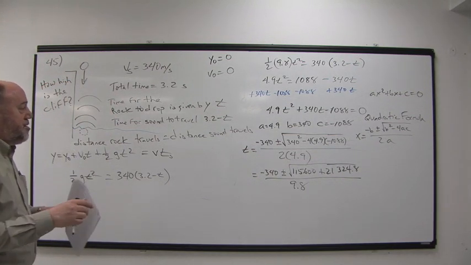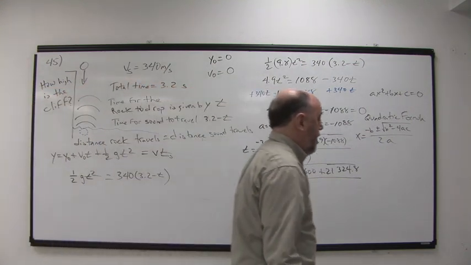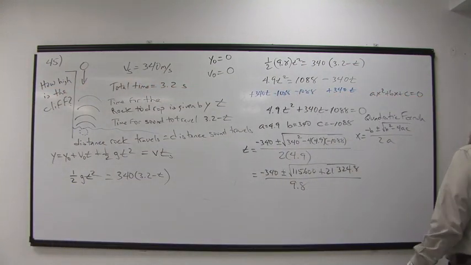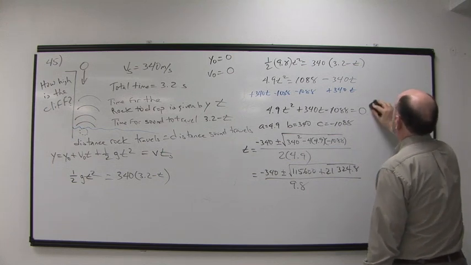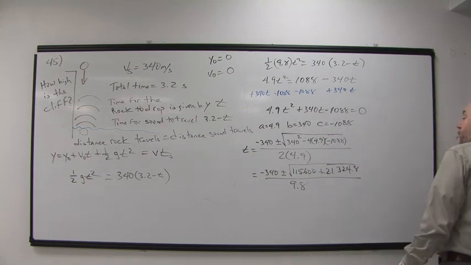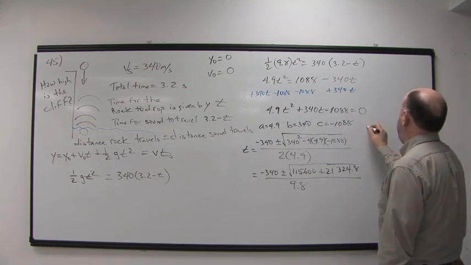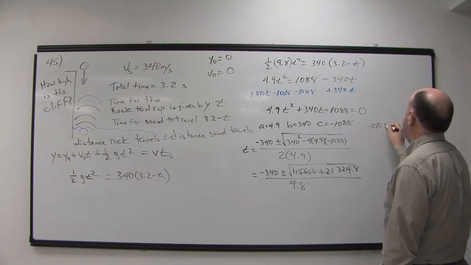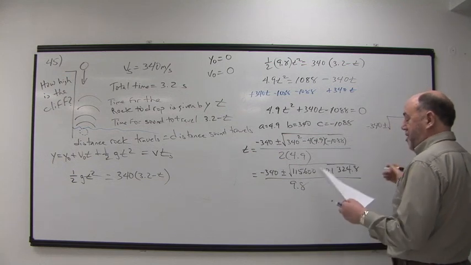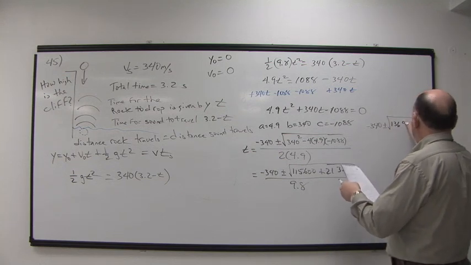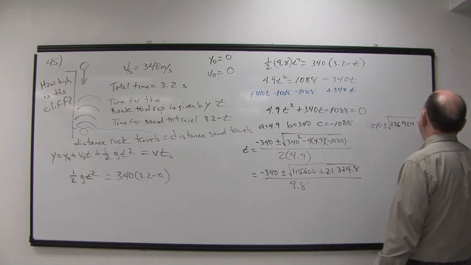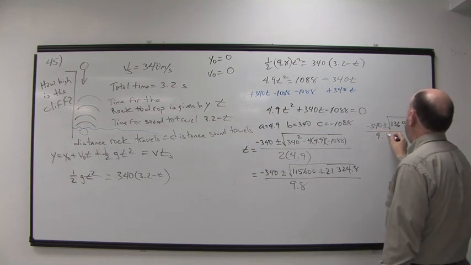If we continue our number crunching, we can add what's underneath our radical. So we get minus 340 plus or minus the square root of 136,924.8, divided by 9.8.